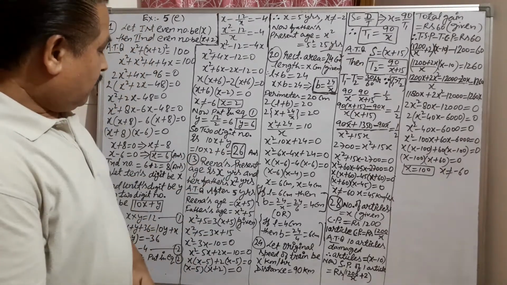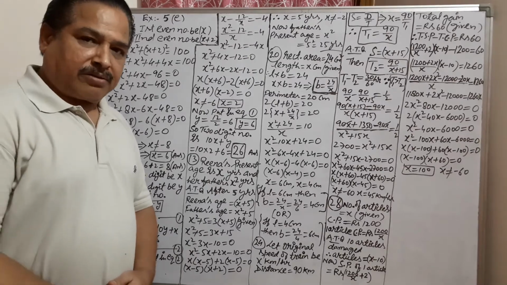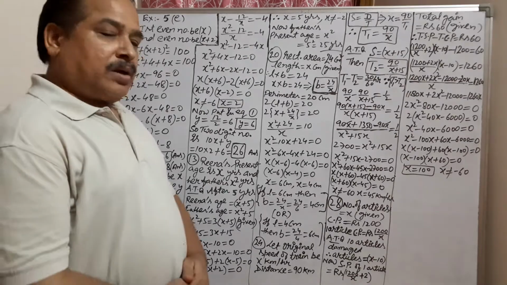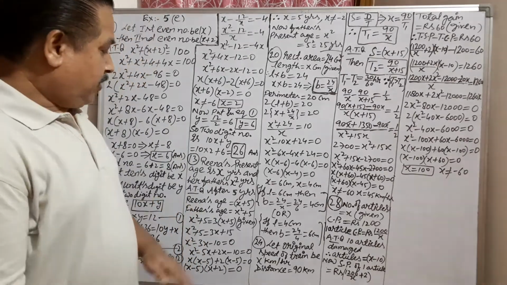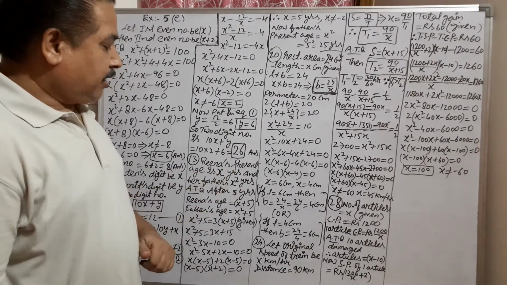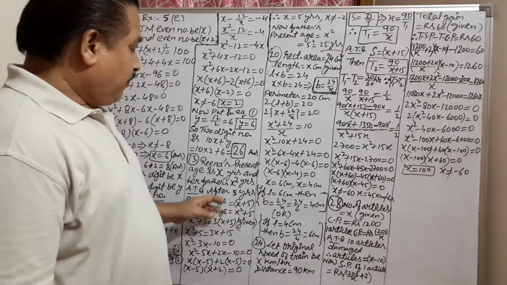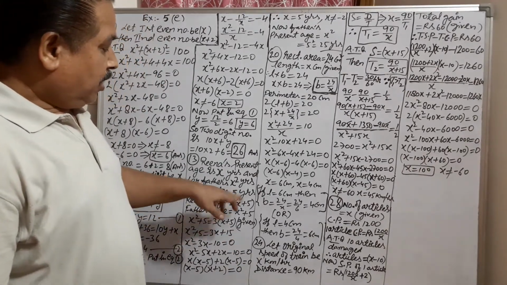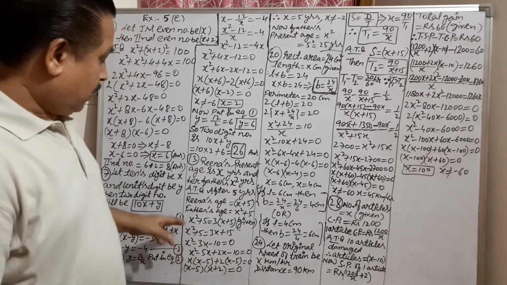Now see question number 13, based on age. Rina's present age is x here, as given in the question. And the father's present age is also given as x square.